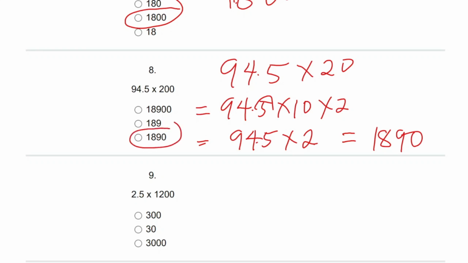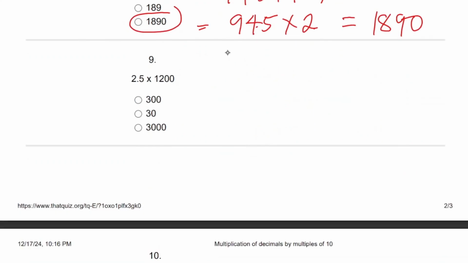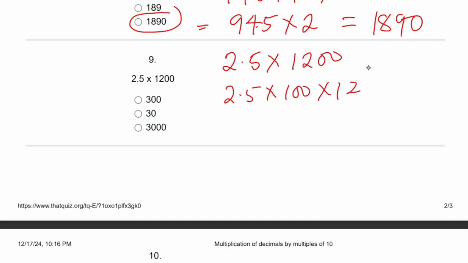All right, so the next one, question 4. For question 4, we have 2.5 times 1200. So the same thing can also be done here. I'm going to have 2.5 times 100 times 12.